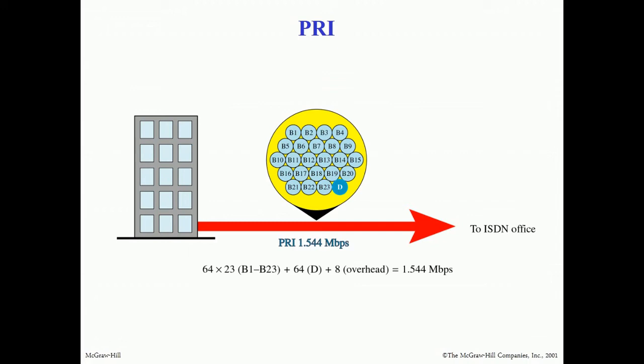So in primary rate interface the data rate can be 1.544 megabits per second, with 23 B channels and one D channel, and this line can be connected to the ISDN office.